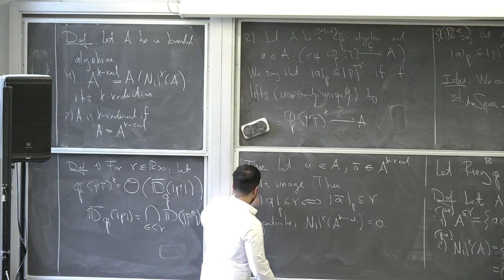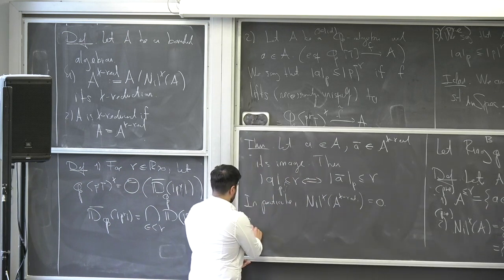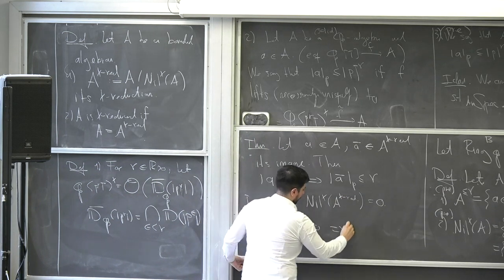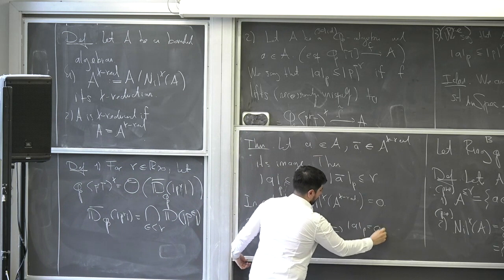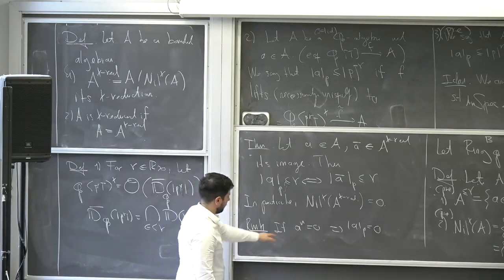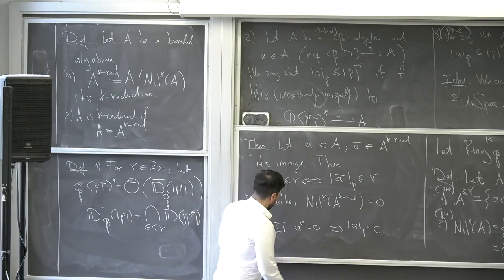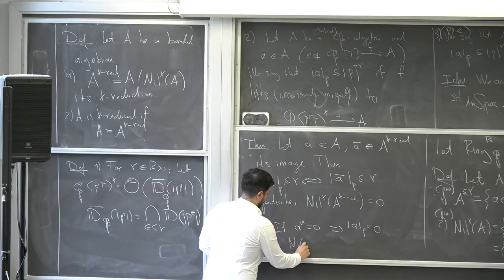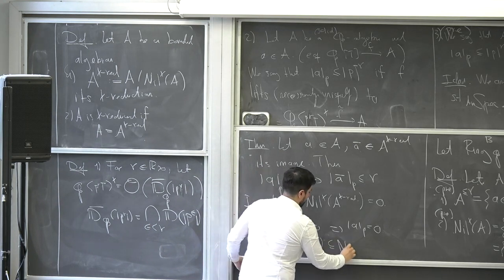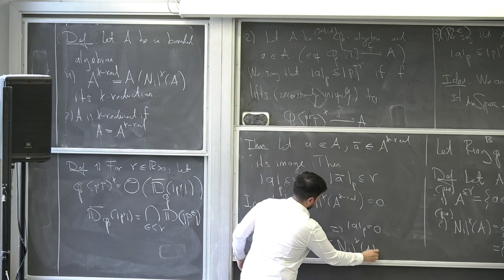Maybe some remark. If a to the n is equal to 0, then it has norm equal to 0, because well, this norm is multiplicative. Means that the usual nil radical of A is actually contained in this radical.